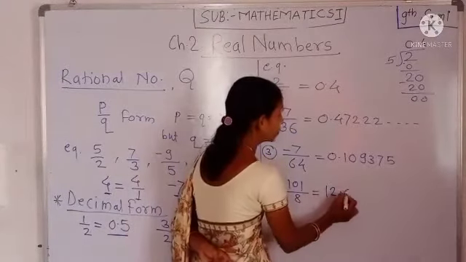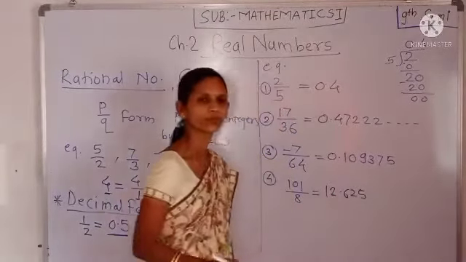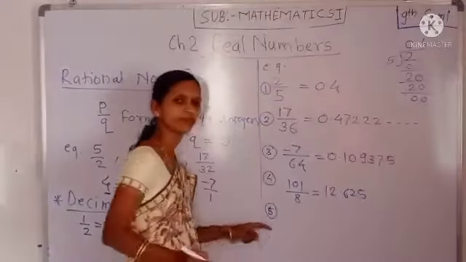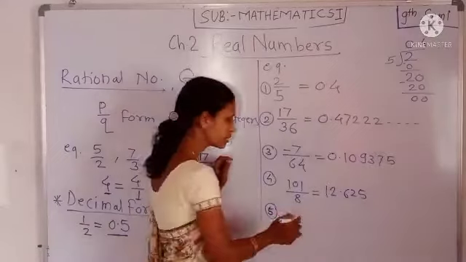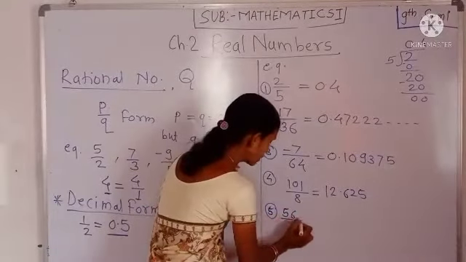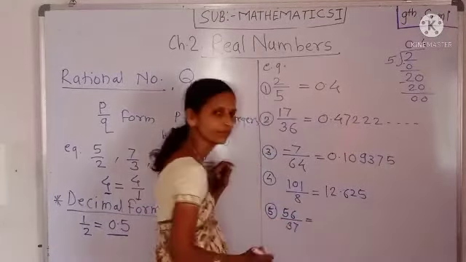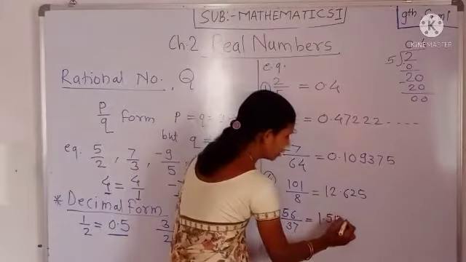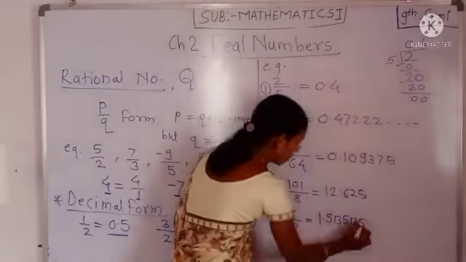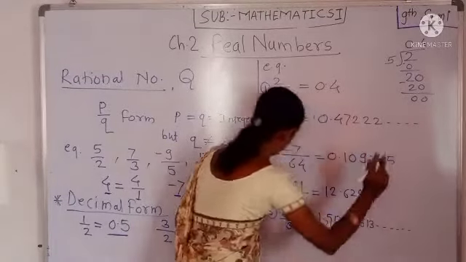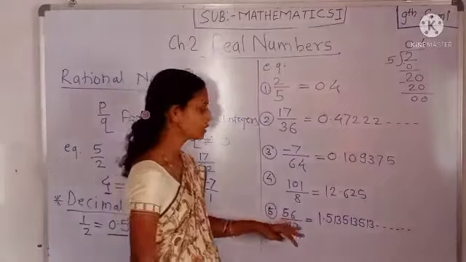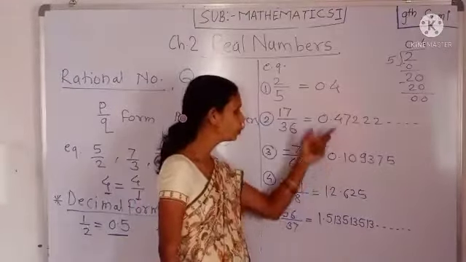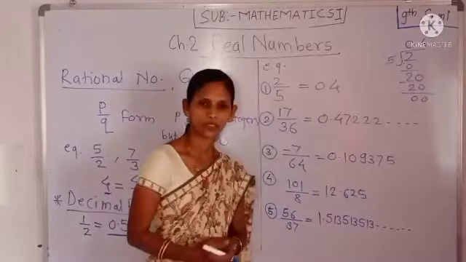A few more examples: 101 upon 8, and here we get the decimal form of that rational number as 12.625.